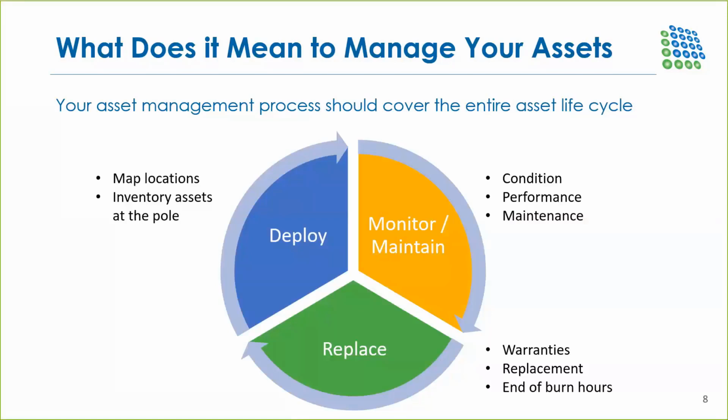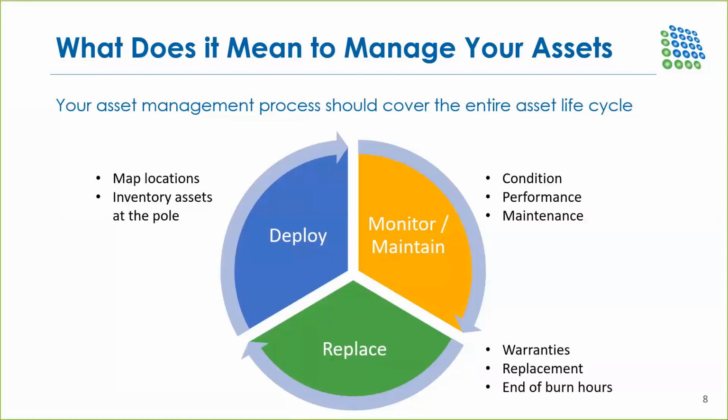It could have a significant impact on the energy usage, for instance, of a light. So how is it performing? And you might need to schedule some regular maintenance, especially for things like sensors that might need calibration. So you need to keep track of the asset during the bulk of its life, which is this running of the asset and the monitoring and maintaining phase.